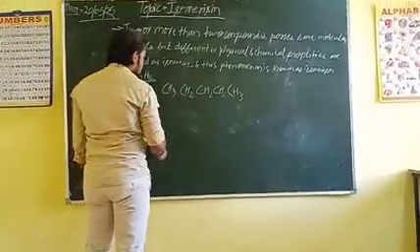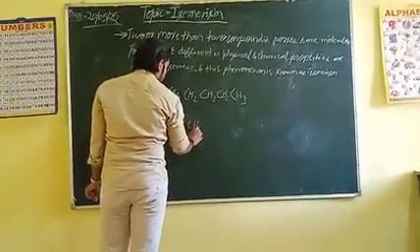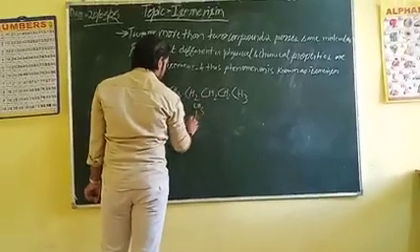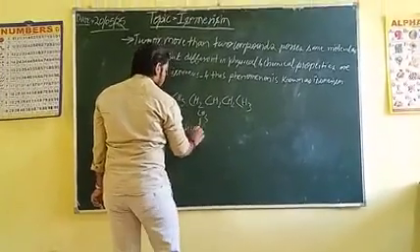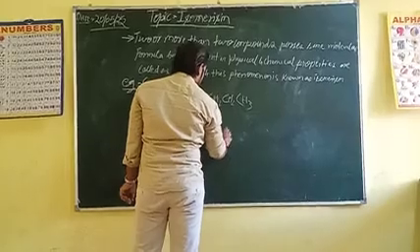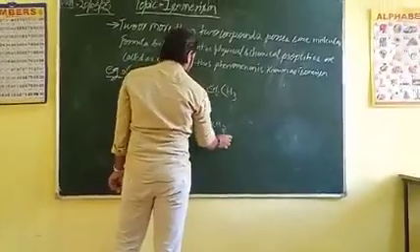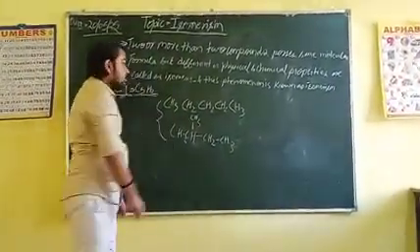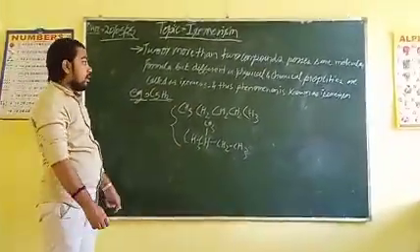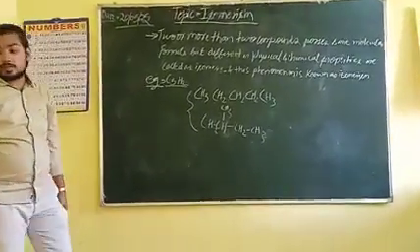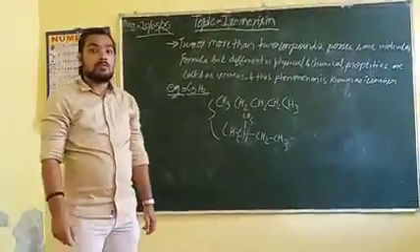And another isomer of this compound is CH3, CH, CH3 with a branch, which has a different structural formula.